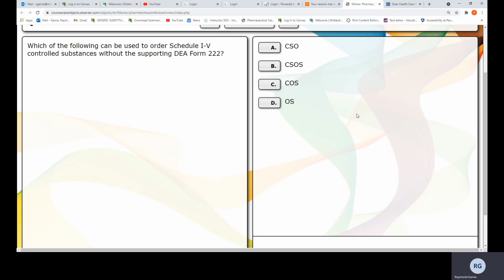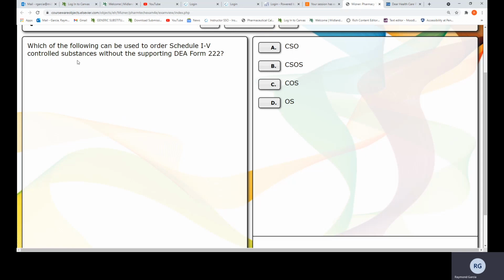Which of the following can be used to order Schedule 1 through 5 controlled substances without the supporting DEA Form 222? I guess you would have to be the buyer to really know this, or the pharmacist. I can't think of the acronym.